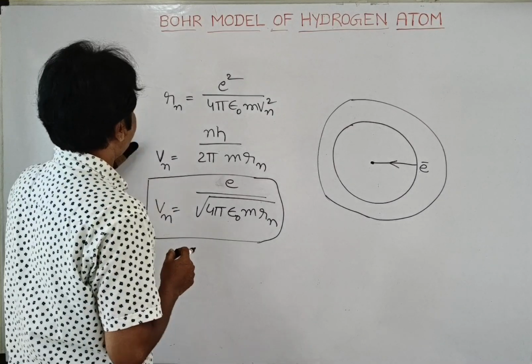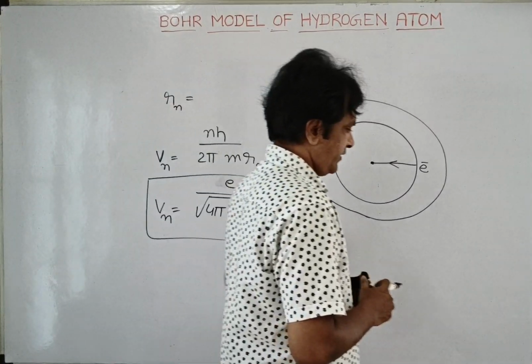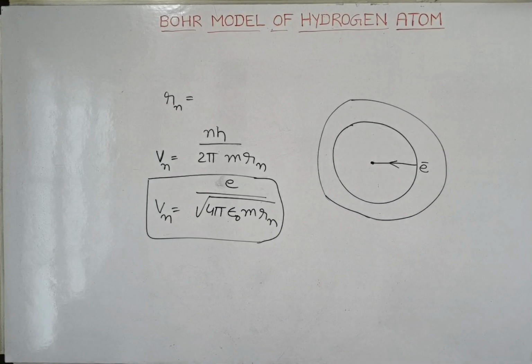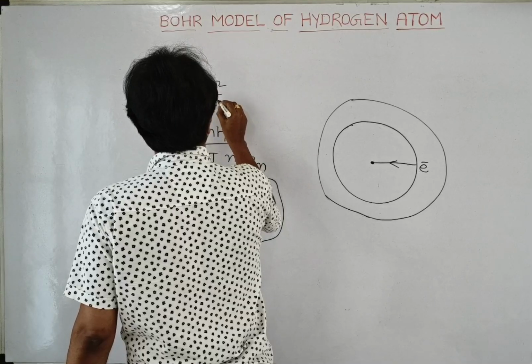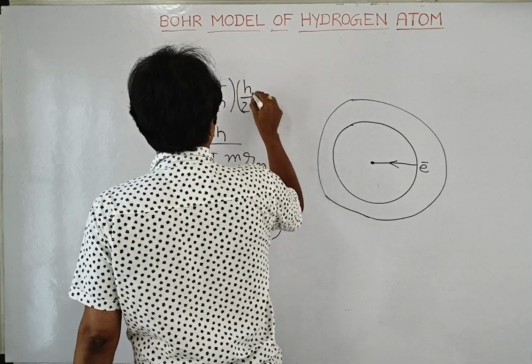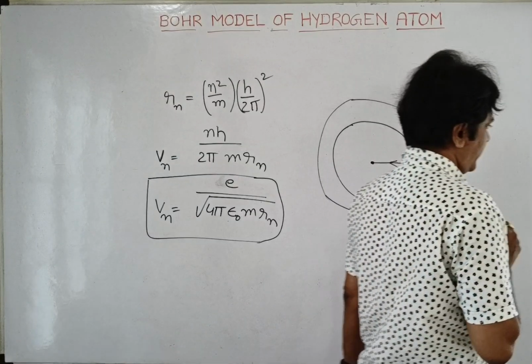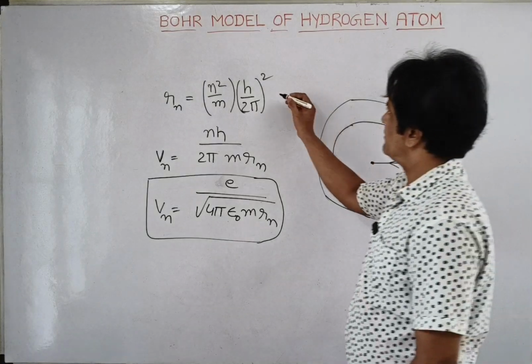So we get Rn equal to n square by m, h by 2 pi whole square, into 4 pi epsilon naught by e square.